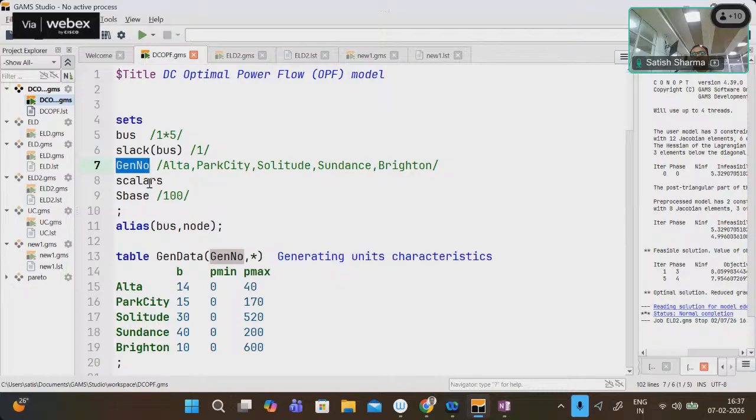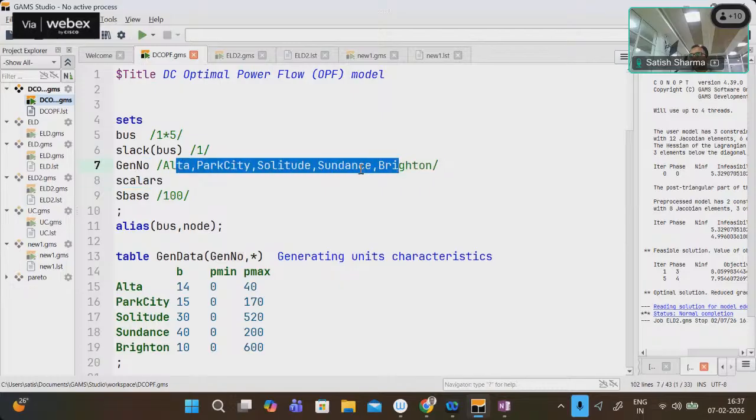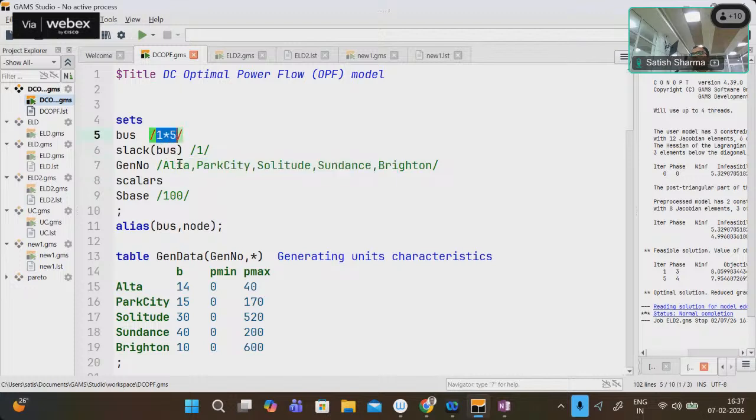Then some generator numbers are there, and these numbers are provided like the city's name, or you can provide that with nodes as well, like at one, then at one, then 3, 4, and 5 are basically the generator numbers. One scalar is defined, and that is basically the power base, and the base MVA is 100. And we have defined that buses are equal to the nodes as well, the same set has been defined, copied.